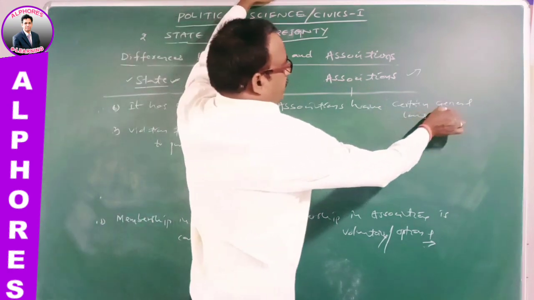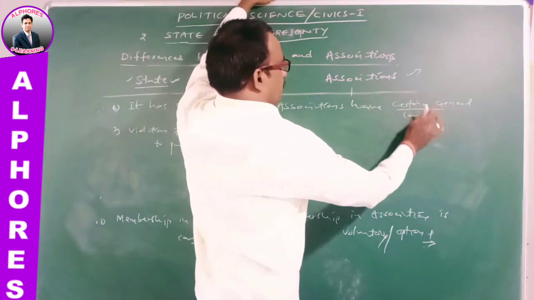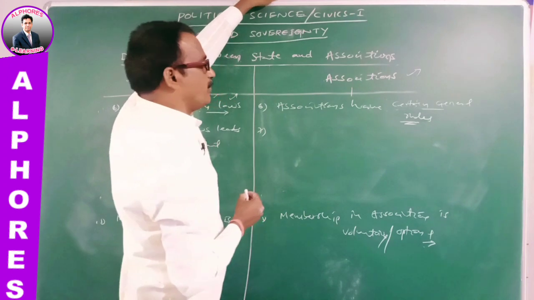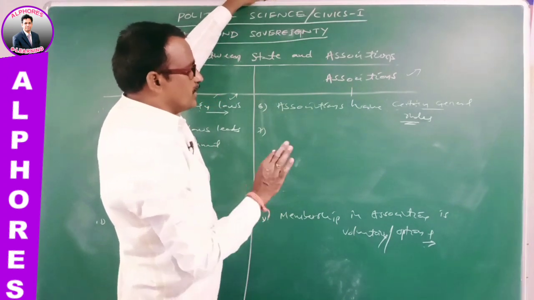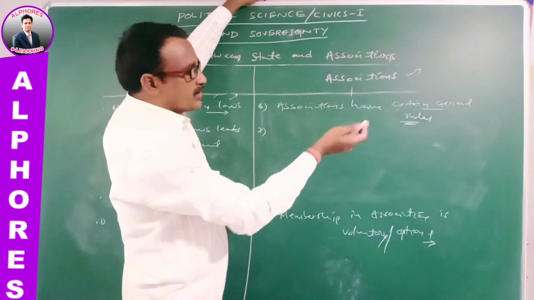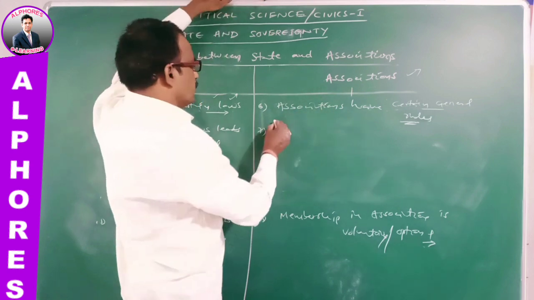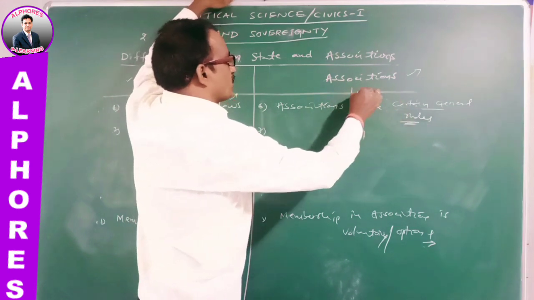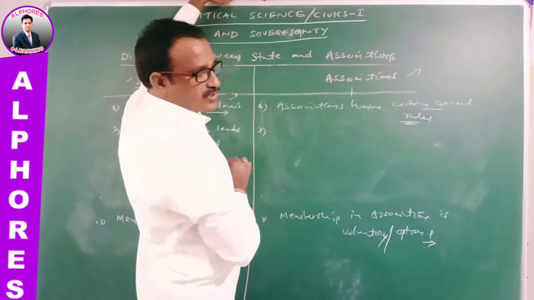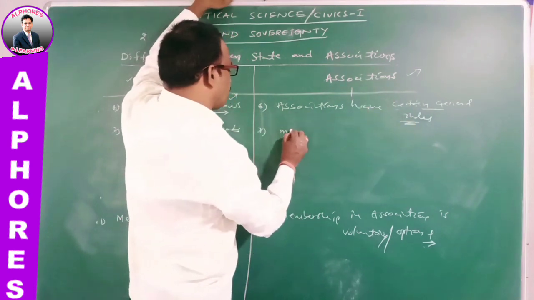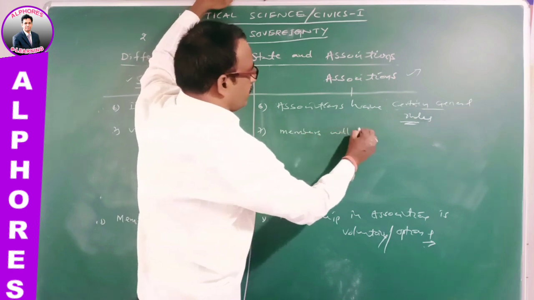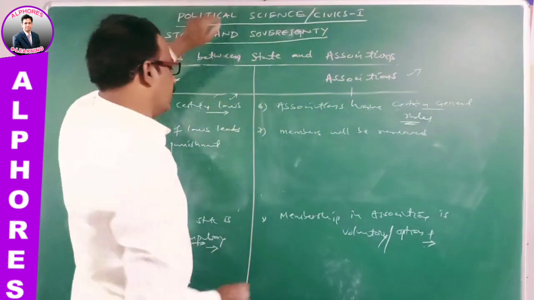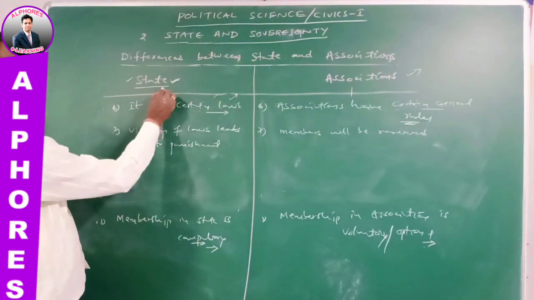Whereas if the members of the association violate the rules, they will be punished, but it is not a legal punishment. They are boycotted. Their membership will be cancelled. So if any member violates the rules of the association, they will be terminated and removed.